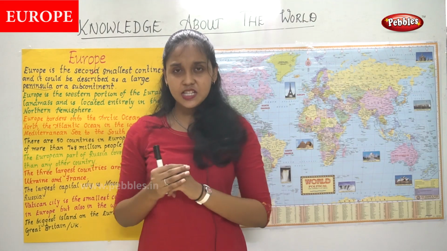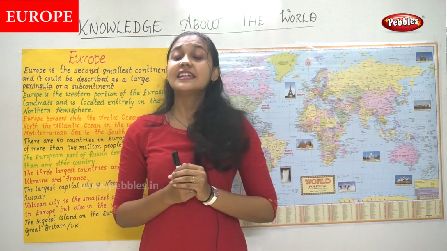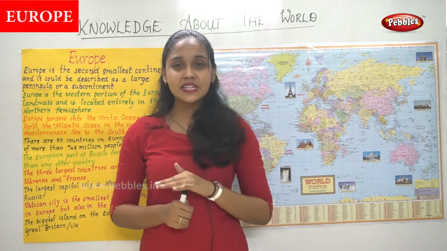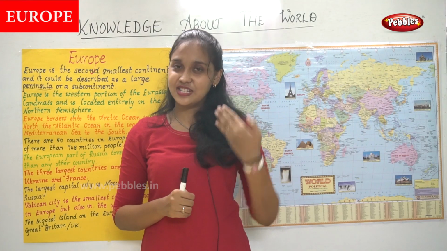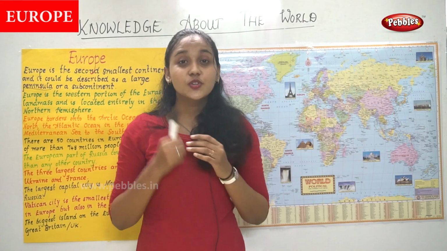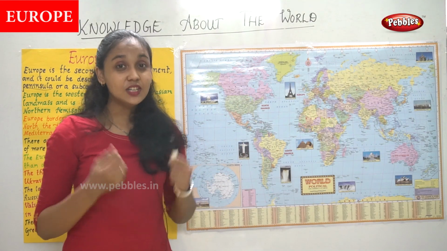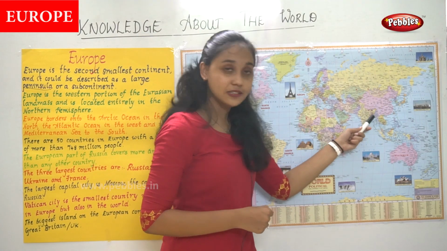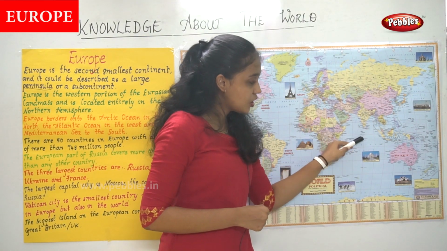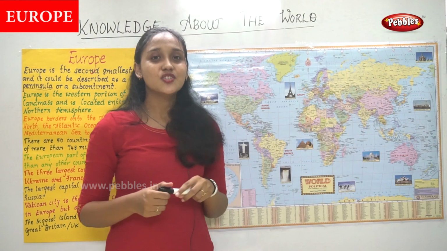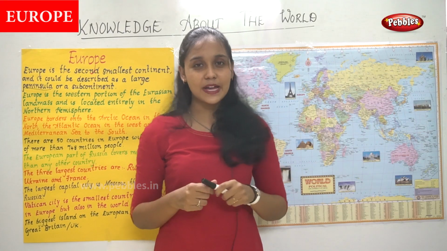However, a peninsula is a landmass that is surrounded by water on three sides, which means on one side there is land, the other three sides are water. This will give you an idea. In our country, India, we have a peninsula here. See, there is water on three sides and land on one side. So we call it the Indian Peninsula.